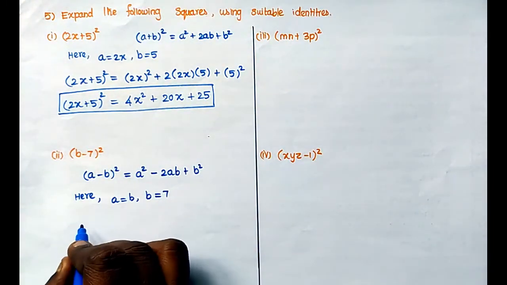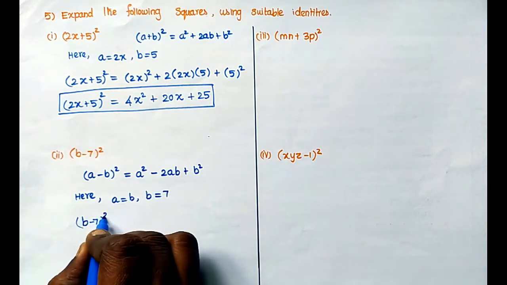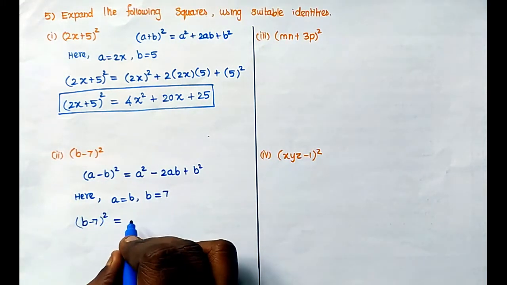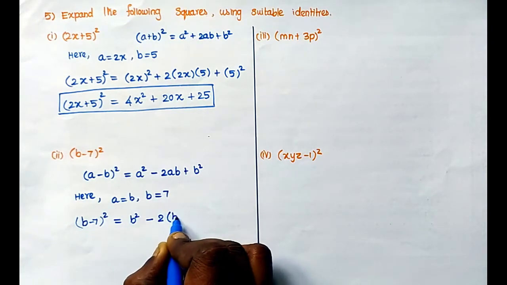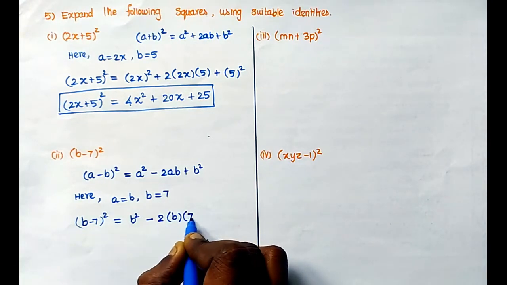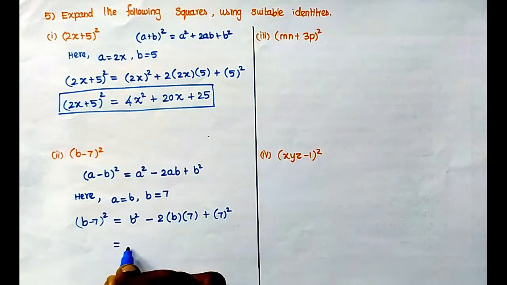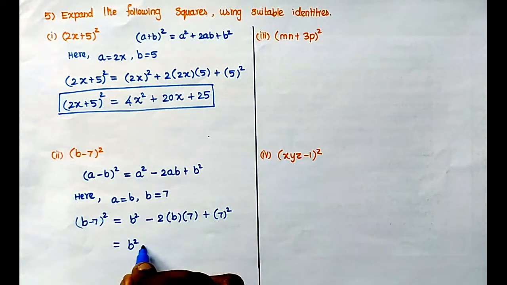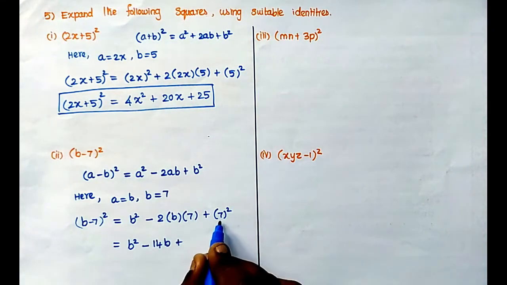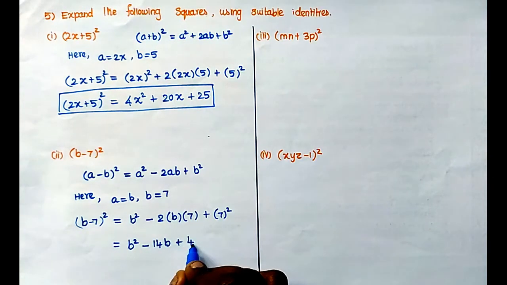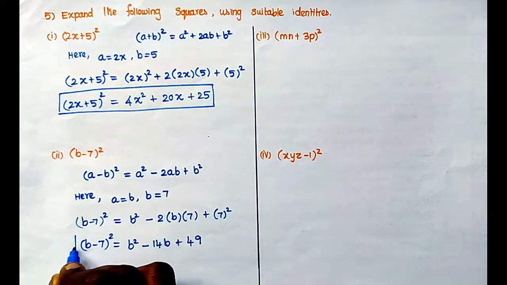Now apply this in the formula. (b - 7) whole squared is equal to a squared, that is b squared, minus 2 into ab, that is 2 into b into 7, plus b squared, that is 7 squared. Now b squared minus 7 2s are 14b plus 7 squared, that is 49. 7 7s are 49. That is the answer.